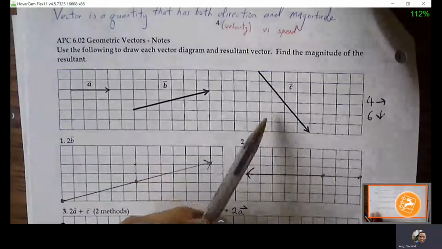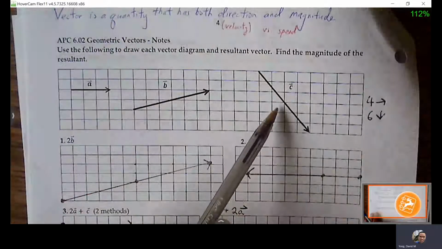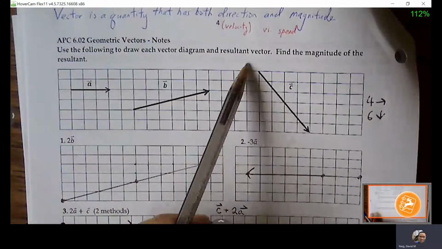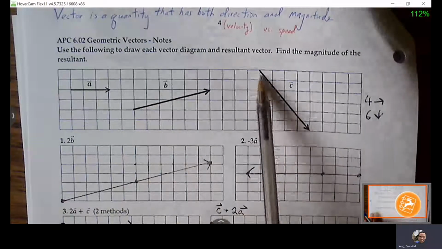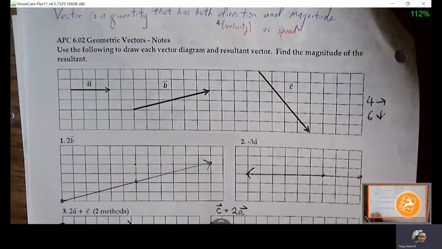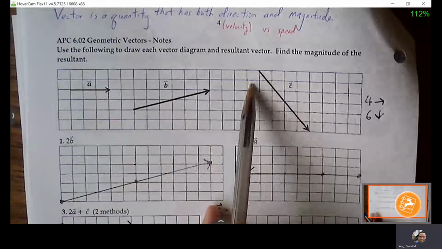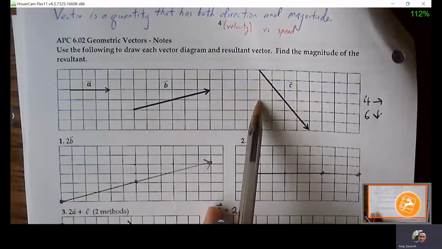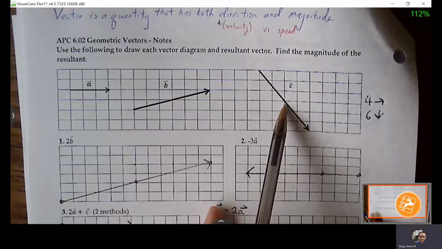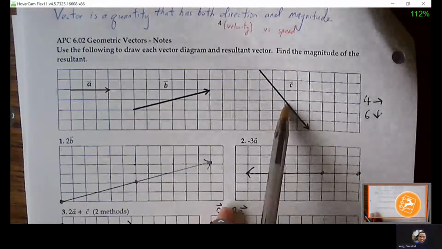But it's -1/2 C. So not only are we going to make C half the distance, we're also going to make it go which direction? It's going to go up, right? It's going to go up and to the left. So instead of going down 3 over 2, we're going to make it go up 3 over 2. Right?